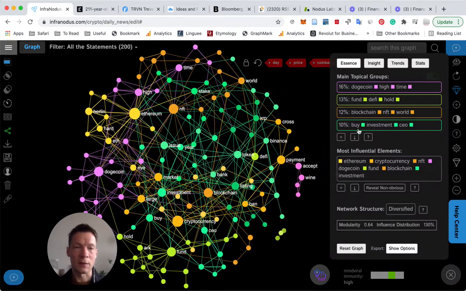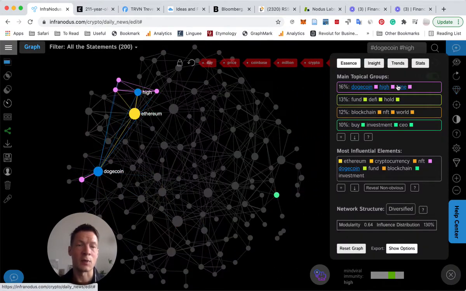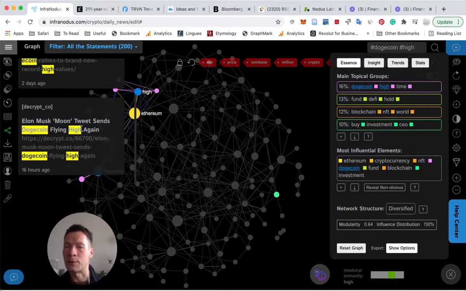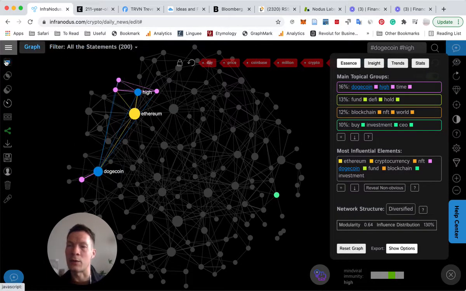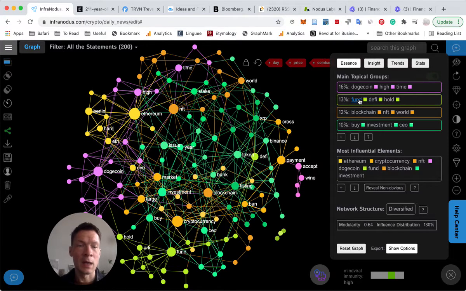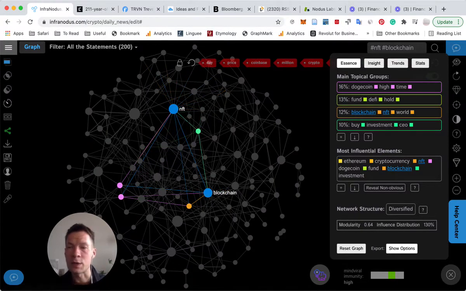Okay, so here we have Dogecoin, high time. Okay, so the increase of Dogecoin and how it rose over the last hours. So this is one trending topic. Another one is about, let's say, NFT, blockchain.